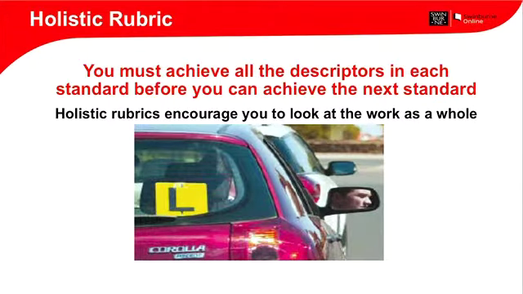Now, this assessment is being marked on a holistic rubric, and we encourage you to think about these holistic rubrics with an analogy of learning how to drive a car. So if I was heading out in a car and I'm really good at changing gears, but I don't know the road rules, you wouldn't pass your road test if you went straight through a stop sign, even though you know how to get the car going.